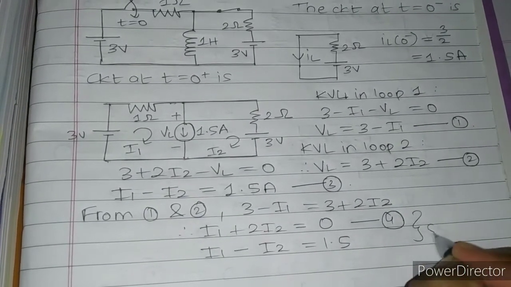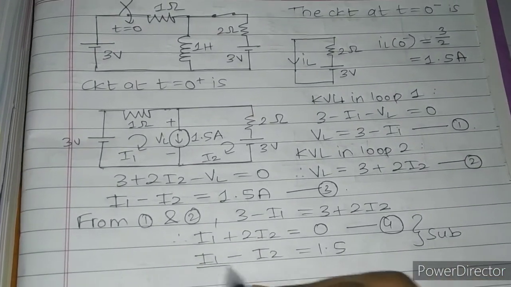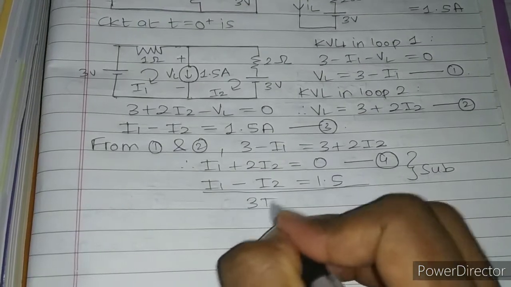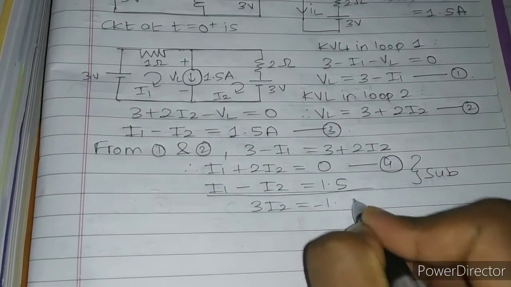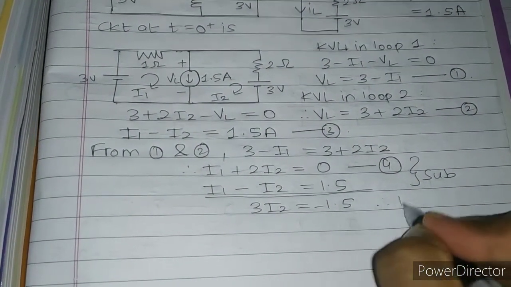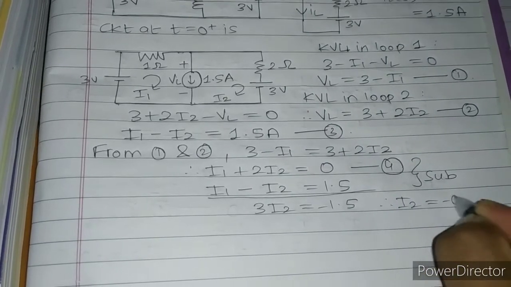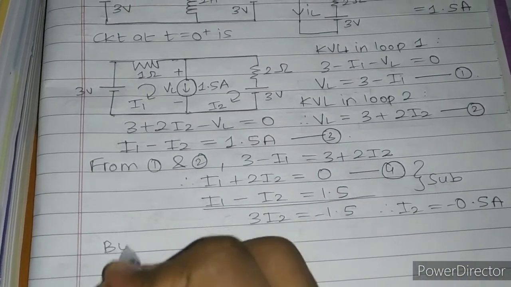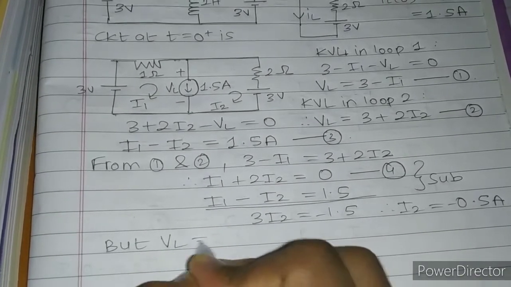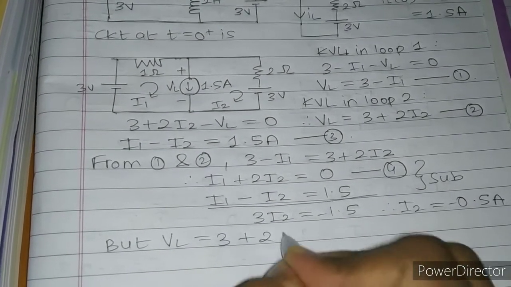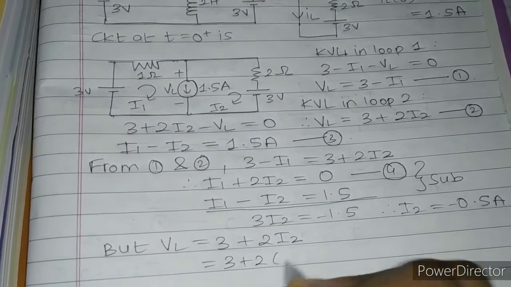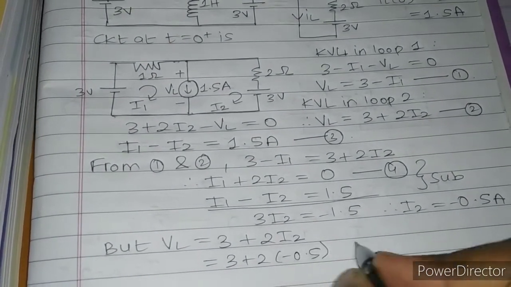On subtracting these two equations, we get 3I2 is equal to minus 1.5 ampere. Therefore I2 is equal to minus 0.5 amperes. So VL will be 3 plus 2I2, which is 3 plus 2 into minus 0.5, which is equal to 2 volts.